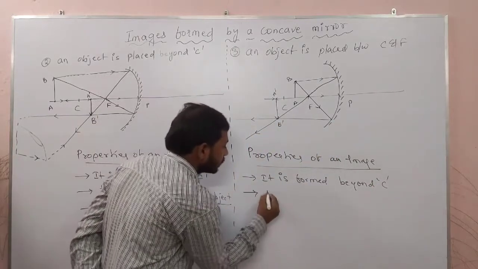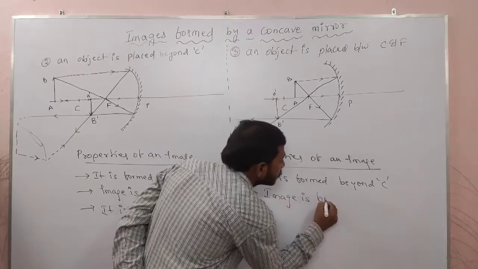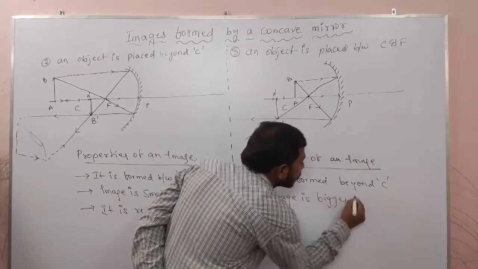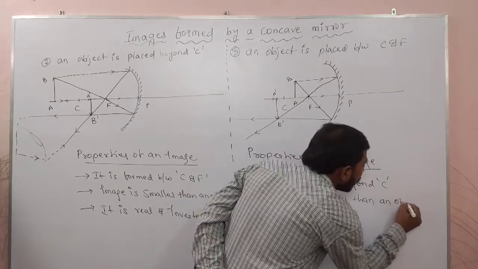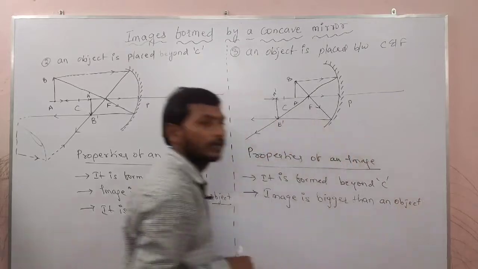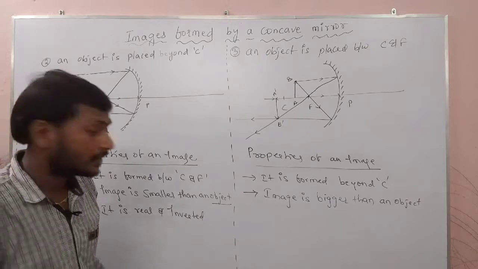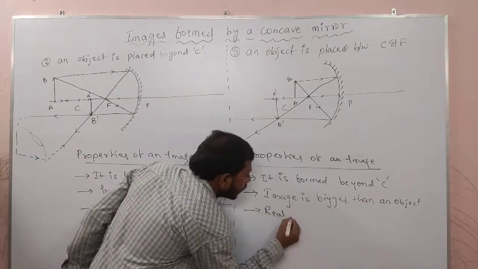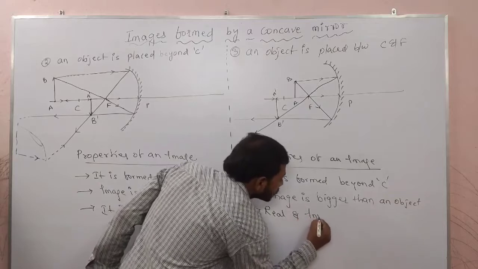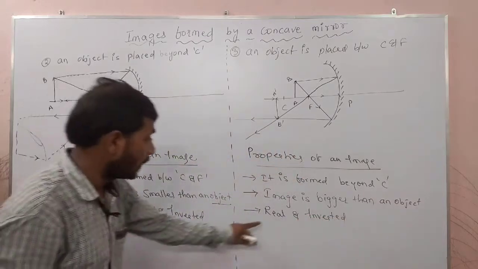Second one is, the image is bigger than the object. Next, it is real and inverted. So many times real is coming.